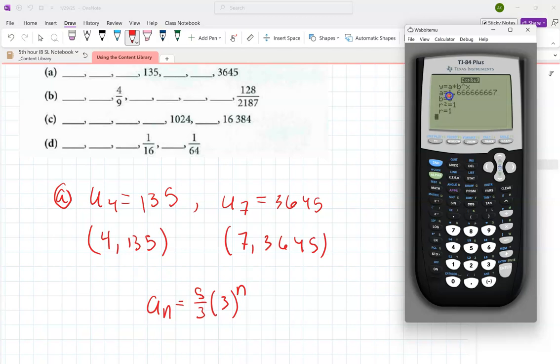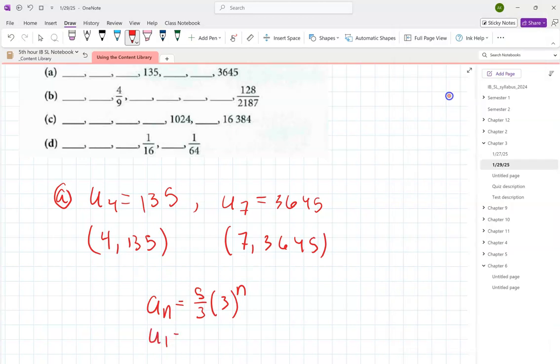So if I want then the first term, I just plug 1 in for that, and I get 5. The question asked for the first term. That's why I did that extra piece at the end.